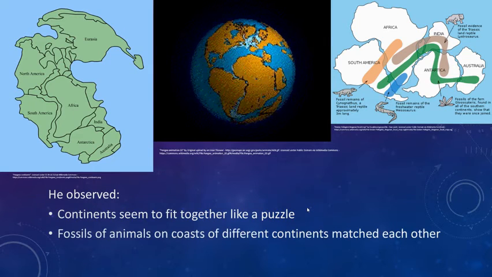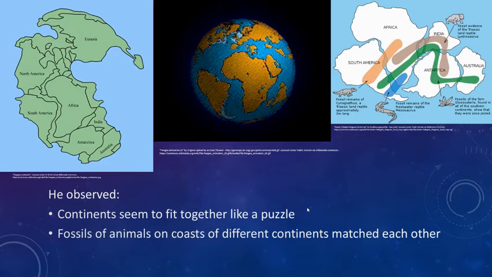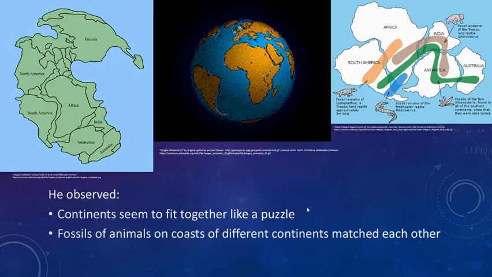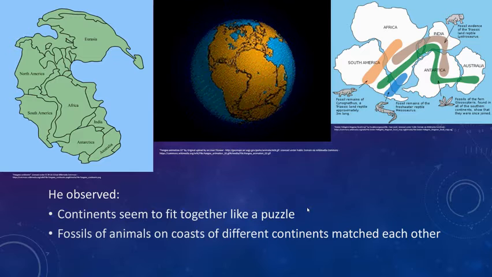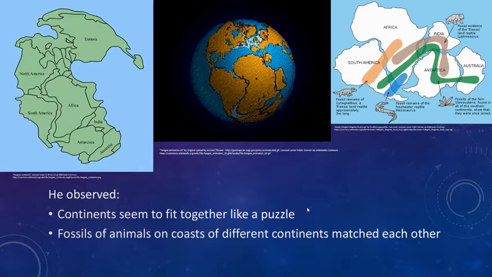Not only that, but if you found fossils on coasts of different continents, they matched with fossils on opposite continents. Cynognathus, a land reptile in South America, fossils of that were also found in Africa.